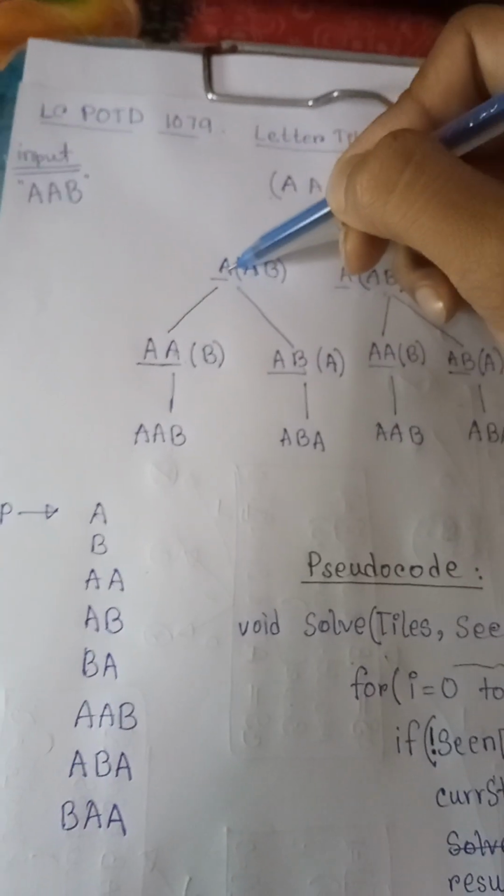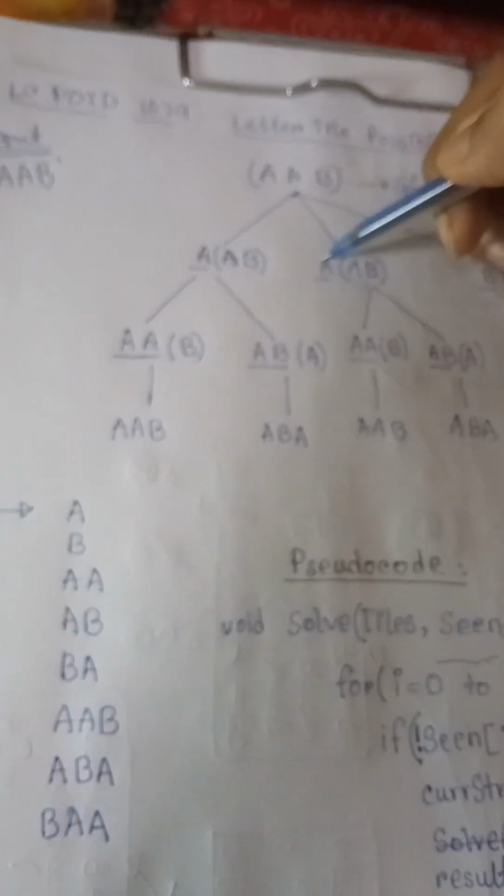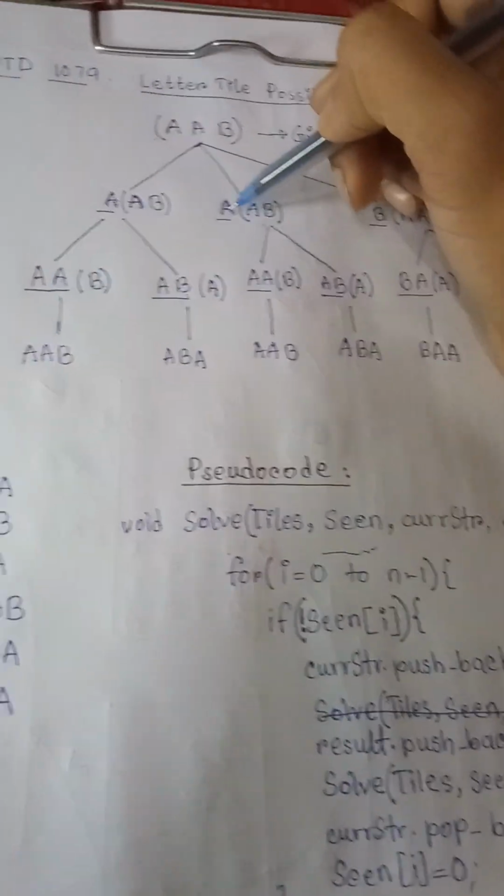You can see I am using this not seen check, because if it is already seen and you are again using it, then it will become a duplicate. So in order to solve this problem, I am using this seen map.